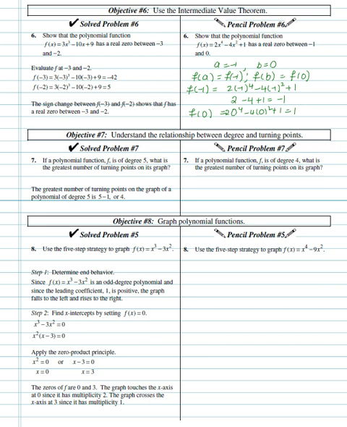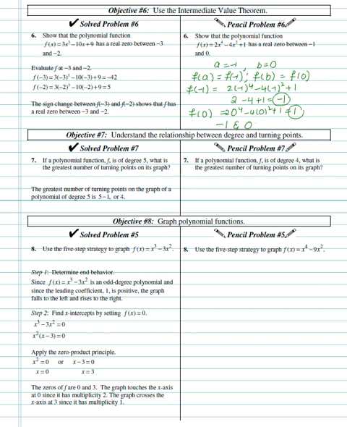So you see that f of negative 1 is negative and f of 0 is positive. The sign change between f of negative 1 and f of 0 shows that there is a real 0 between negative 1 and 0.